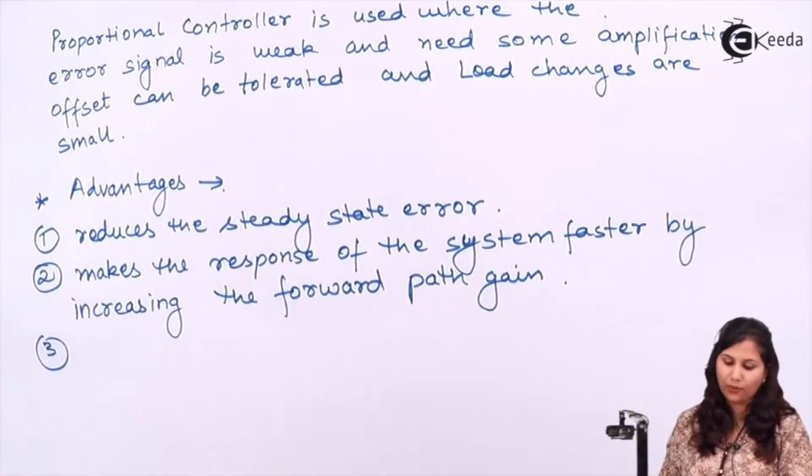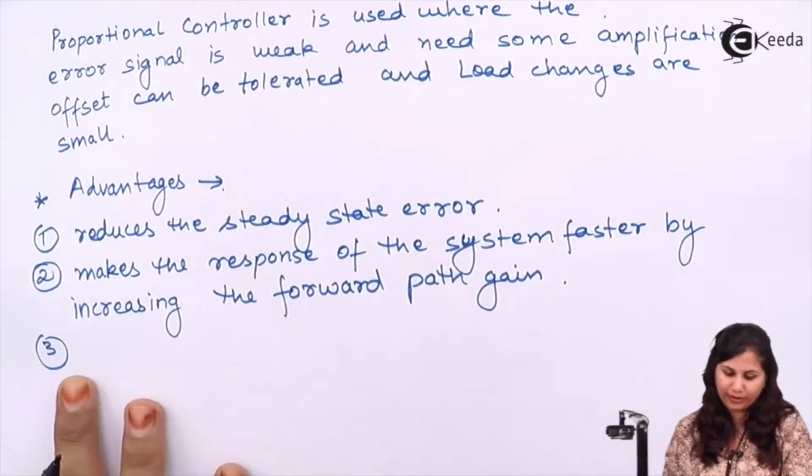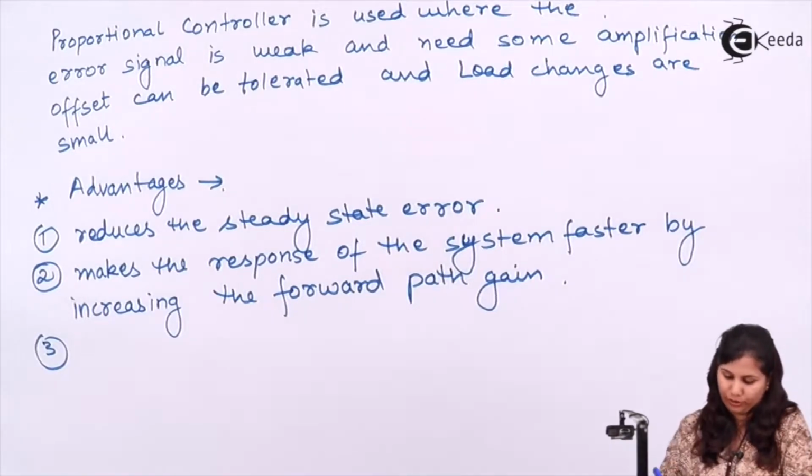And the third advantage of the proportional controller is that maximum overshoot can be reduced to some extent using the proportional controller.